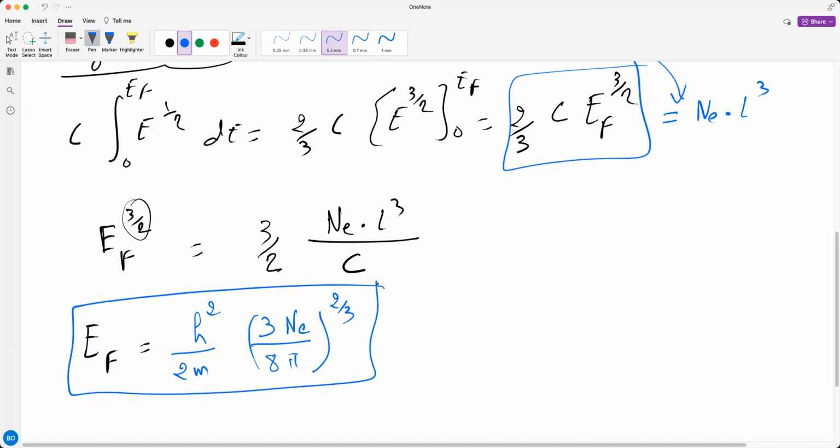This is a very important thing. So what does this mean? Well, this means that we can calculate the Fermi level of any metal if we know the density of free electrons. Any question?